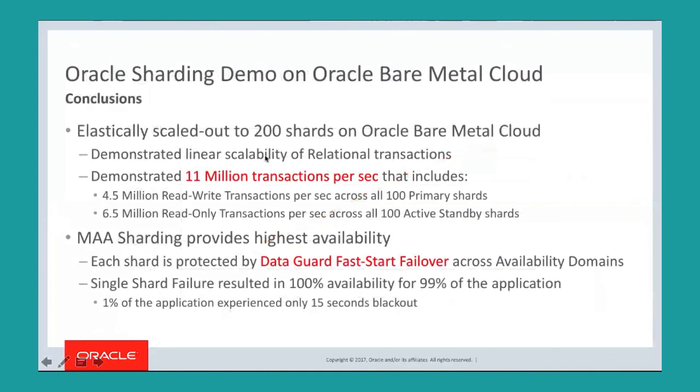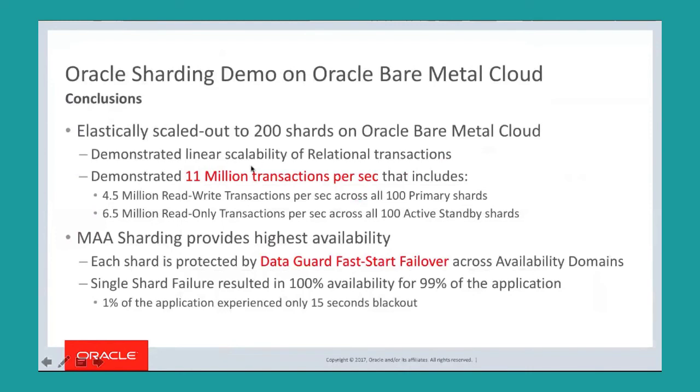We kept adding shards up to 200, and as we did, we were able to linearly scale transactions. Out of 11 million transactions we were able to execute per second, 4.5 million were read-write, and 6.5 million were read-only running on the standbys. So all your shards, whether standby or primary, are participating in the production workload in this example.